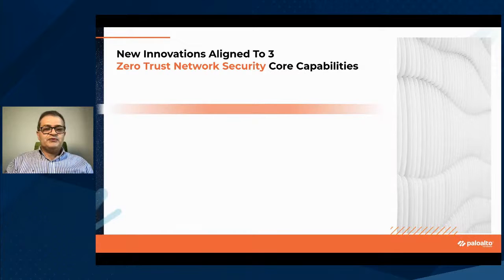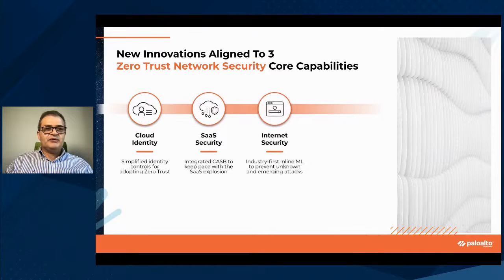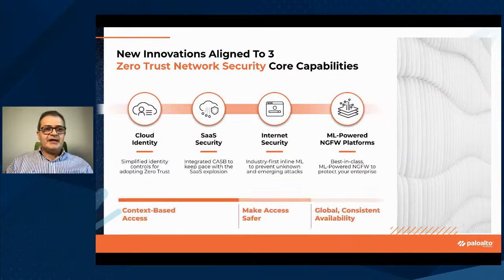For those of you who joined me in the last Imagine event, we talked about PanOS version 10.1 and how we introduced new innovations that feed into zero trust network security. We talked about cloud identity, SaaS security, internet security, and the new next generation firewall platforms that Palo Alto Networks introduced.